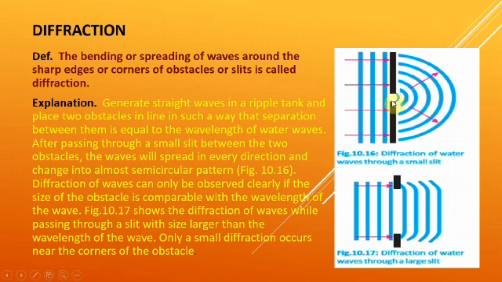If the slit is not comparable with the wavelength, अगर slit wavelength जितना नहीं होगा, छोटा या बड़ा होगा, let's see, in this case you can observe the wavelength is short but the slit is very long, gap बहुत ज़्यादा है, bending तो हो रही है, diffraction is occurring but it's not clear as in this diagram. Why? Because the slit is more as compared to the wavelength. So the condition of the diffraction is the slit should be according to the wavelength of the wave. तो फिर आपको clear diffraction observe होगी.